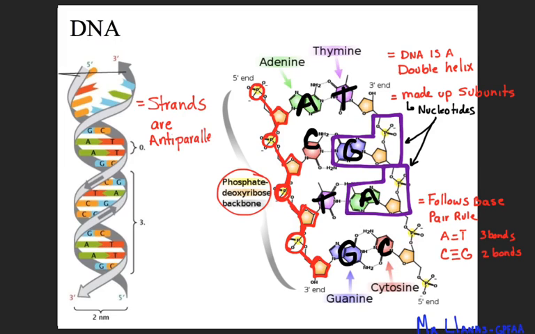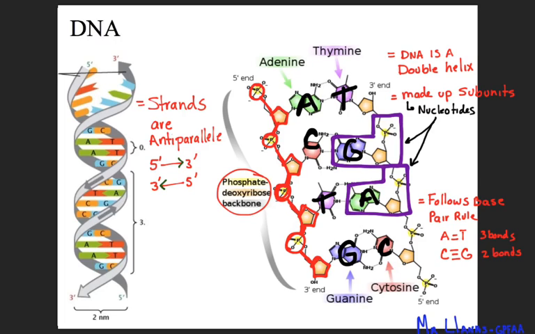We mentioned earlier that the strands were anti-parallel, and they're just like an arrow. I'm going to add some arrowheads just to show you what I mean. The arrowheads are always pointing from 5' to 3', and they are pointing opposite from each other.